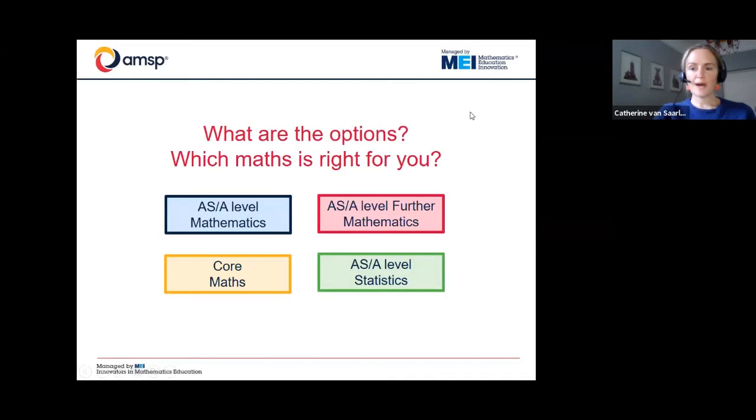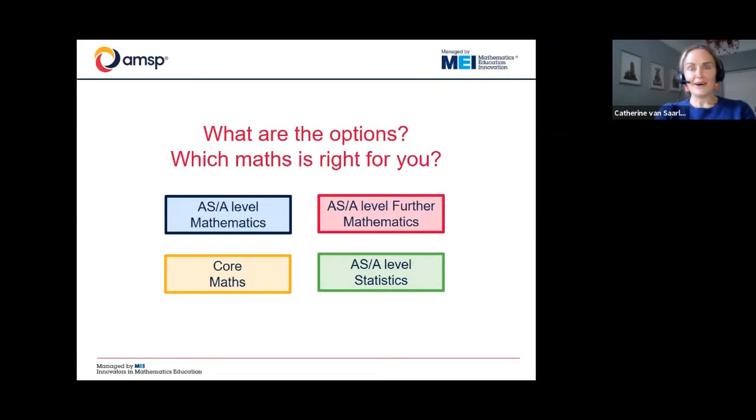Okay, so just back to thinking about how to recruit students, really. You've decided on which course you're going to offer, and you've figured out how to timetable it and staff it, and planned your first half term of sessions. But how do you recruit students? Well, in 2019, just over 9,000 students took Core Maths. Obviously, we don't yet know what 2020 would have been, but there is huge potential.